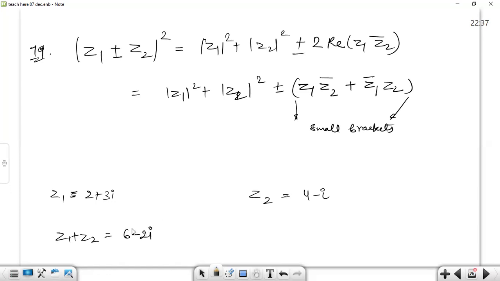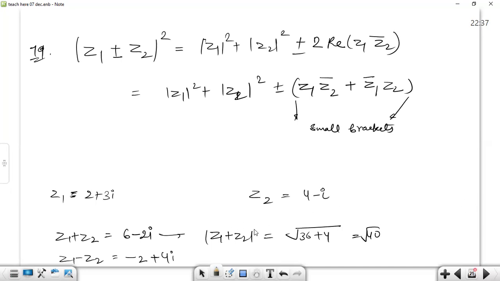Z1 minus Z2 is 2 minus 4, that is minus 2, plus 3 plus 1, that becomes plus 4 iota. Let's find out the modulus of Z1 plus Z2 and Z1 minus Z2. This is square root of 36 plus 4, square root of 40.